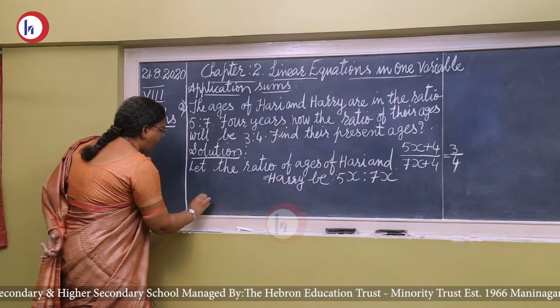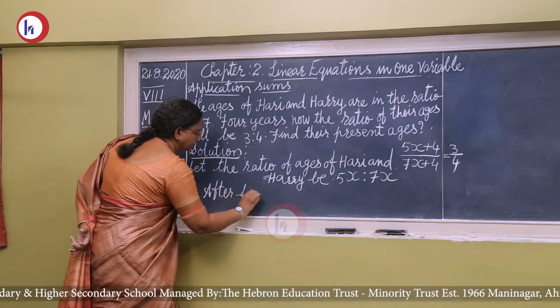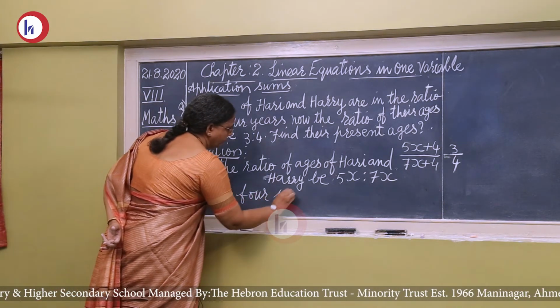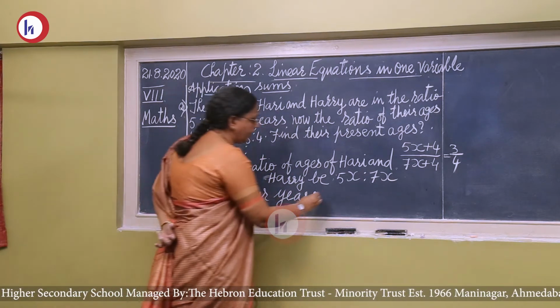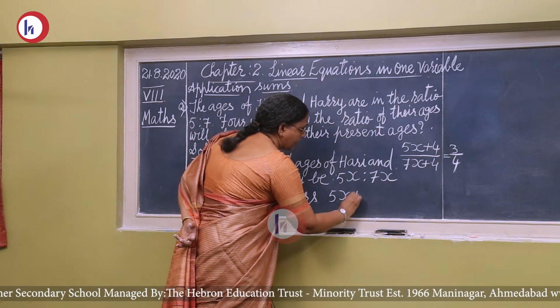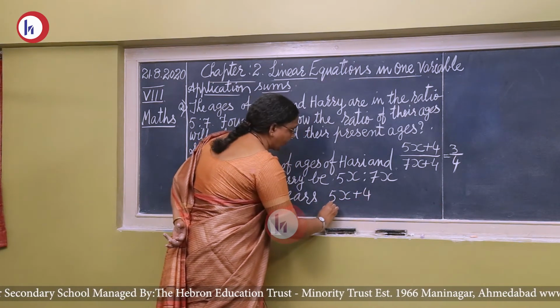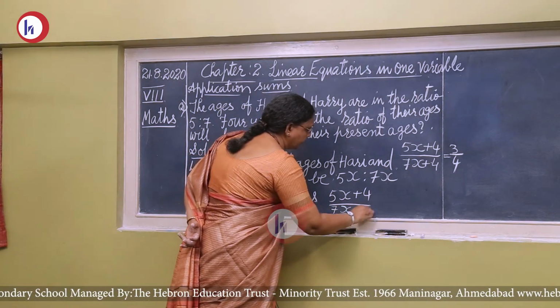Now after 4 years their ages will be 5x plus 4 and the next one will be 7x plus 4.